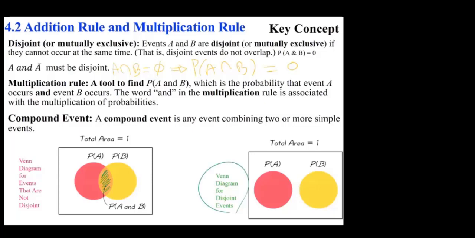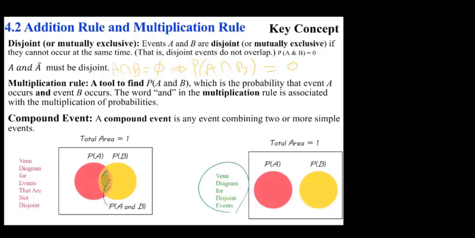Nothing in common. And this is exactly why when you look at the addition rule, the commonality should come out, because the common area is considered a part of A as well as B. So if you just add them up without taking it out, you are accounting for it 2 times.